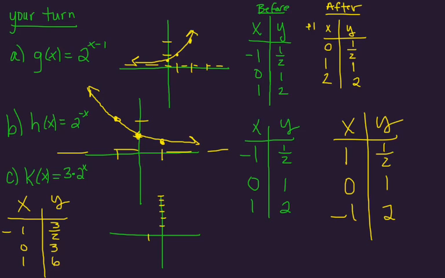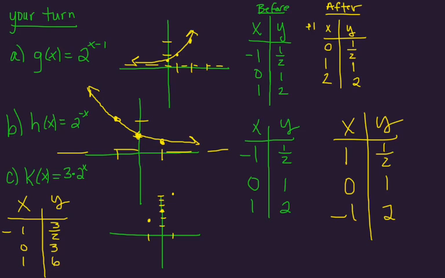So that's 1.5 there, a little bit, right? It's not 3 over 2. 3 times 1/2 is 3 over 2. Yeah. So 1/2 times 3 is 3/2. So 0, 3 would be here. And then 1, 6 would be here.